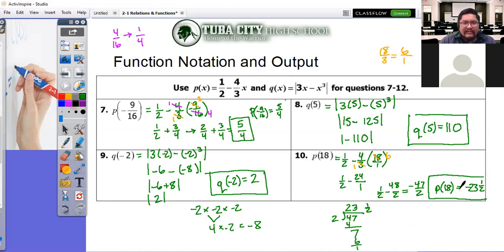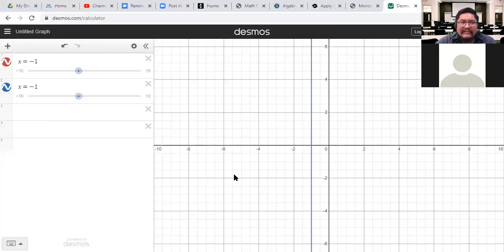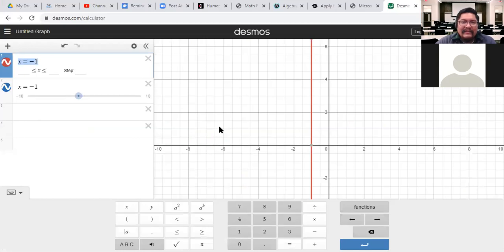Now I'm also going to show you something a little bit different. So yesterday we worked with Desmos, and I also told you guys that the sooner you can realize that all of this is really just the same thing, the better. So remember, you can have an equation, a mapping diagram, a table, or in this case, a graph, and they all mean the same thing.